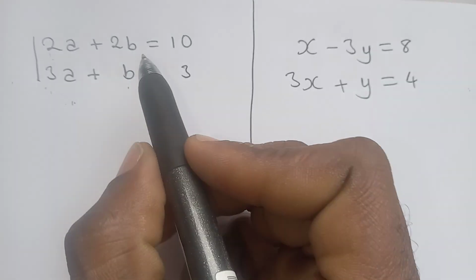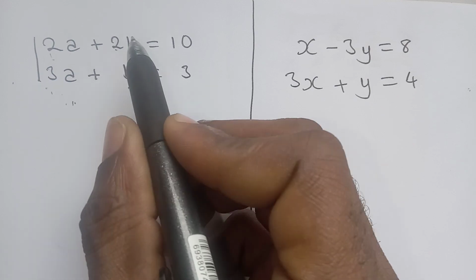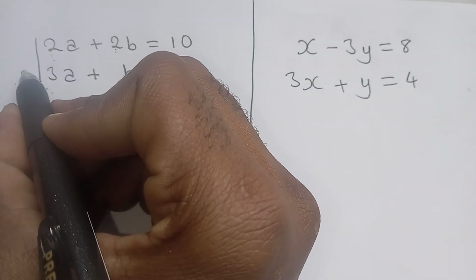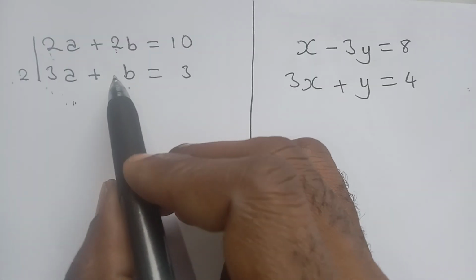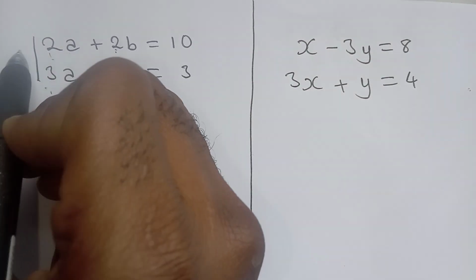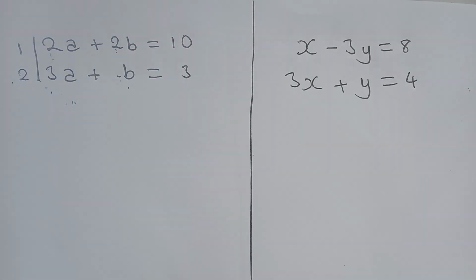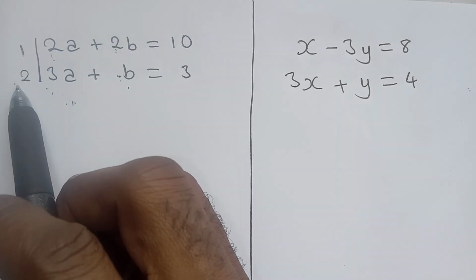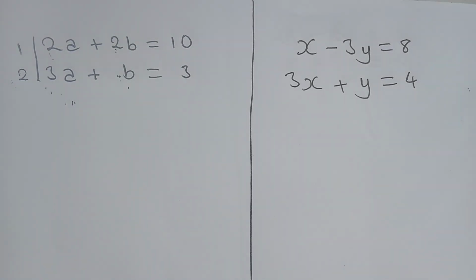I'll show you why. So I'll get the coefficient of b here, which is a 2. You write it here, and then the coefficient of b here, which is a 1, then I'll put it on top. So as you can see, the two coefficients have been swapped.